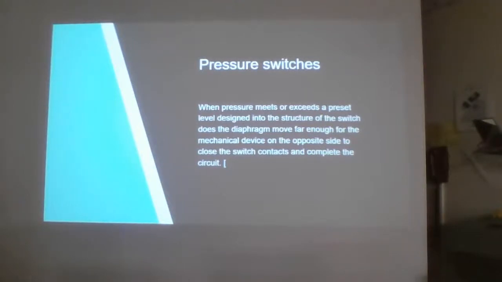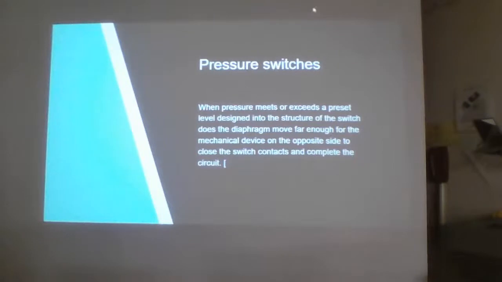When pressure meets or exceeds a preset level, designed into the structure of the switch, the diaphragm moves far enough for the mechanical device on the opposite side to close the switch contacts and complete the circuit. I'm not sure why that's written as a question; I'll correct that before I post these slides.